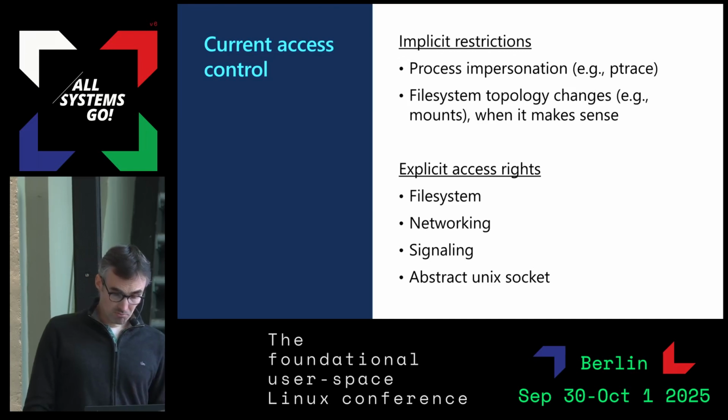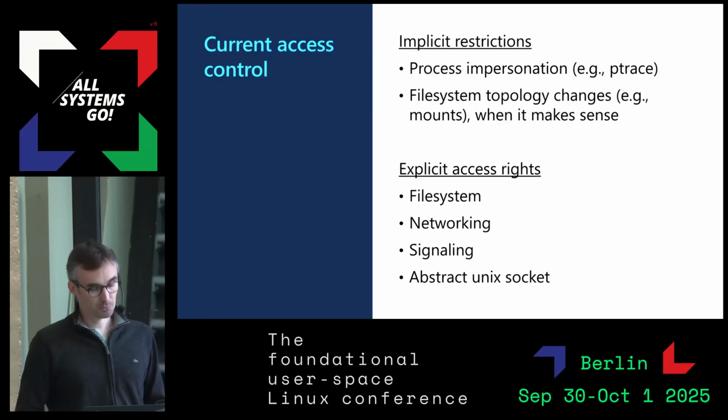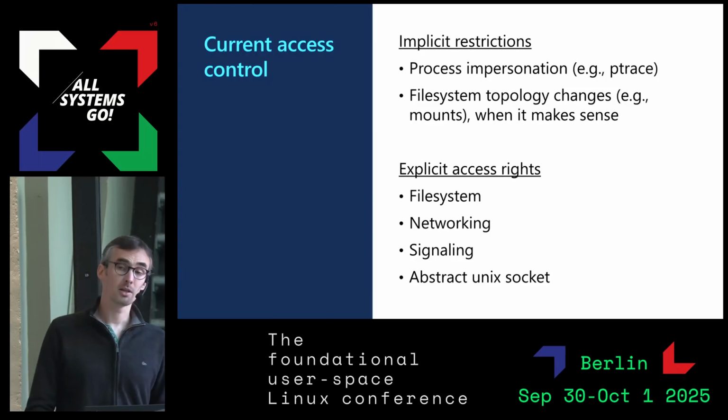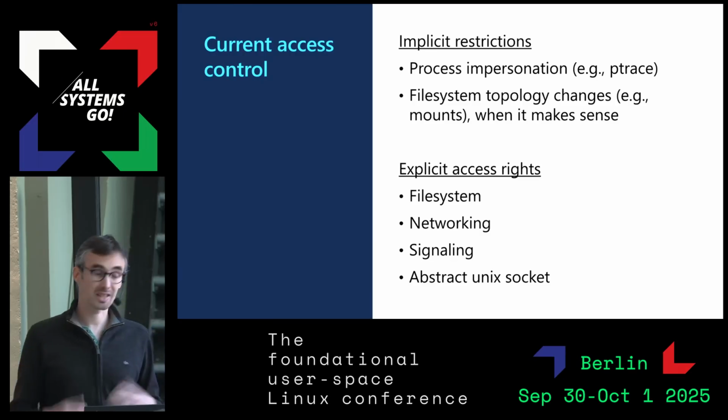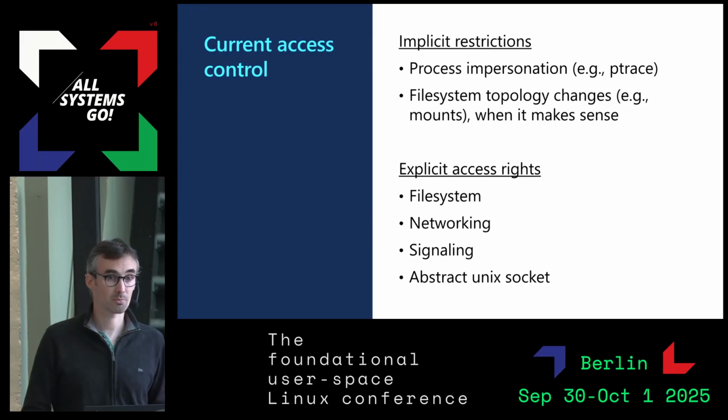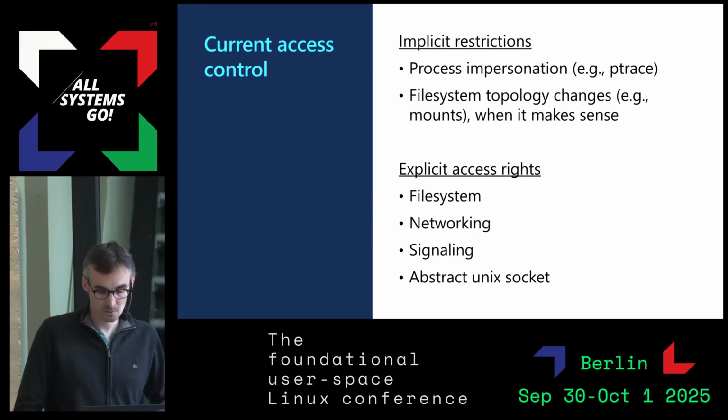But first, let me give you a bit of an idea of what Landlock can do. So there is a set of implicit restrictions and some explicit access rights. Implicit restrictions are there to prevent a process from escaping the sandbox. So, for instance, if a process is able to ptrace a process outside of the sandbox, it would be easy to bypass these restrictions. So that's the kind of thing which is done by default.